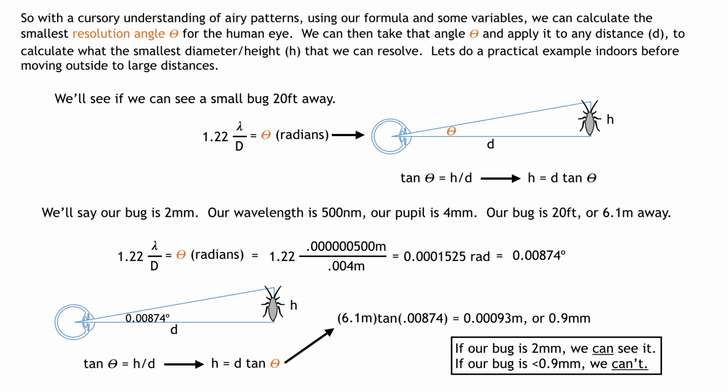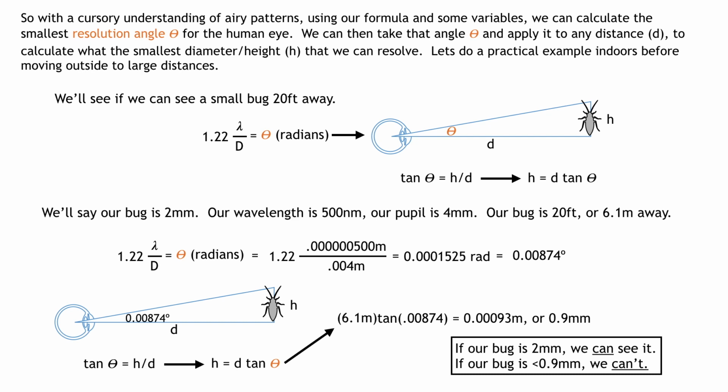So our formula for this resolution angle is 1.22 times the wavelength of light divided by the diameter of the aperture equals theta in radians. Once we derive that angle, we're then going to use it within a right triangle, assuming that this is essentially a 90 degree small angle right triangle, although in reality this would possibly be more akin to an isosceles triangle, but because it's such a large distance away, we can use it as a right triangle.